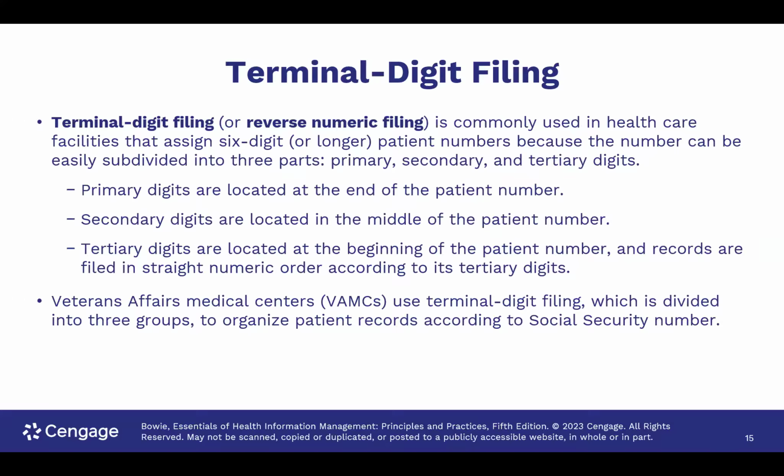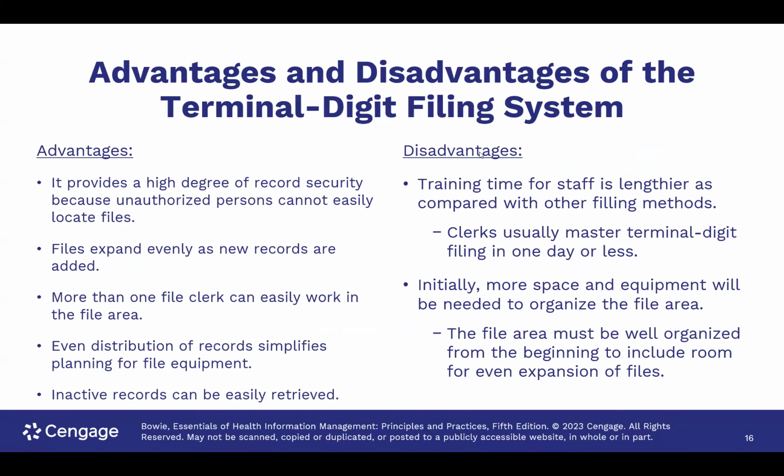So if we have numbers 1, 2, 3, 4, 5, 6 as the patient's number, we would start filing by the 6, the 5, and work our way back. And so there's a lot of record security on this because it's not as easy as just finding things in chronological order. The biggest advantage, however, is that the files expand evenly because you're not doing it on a consecutive basis.